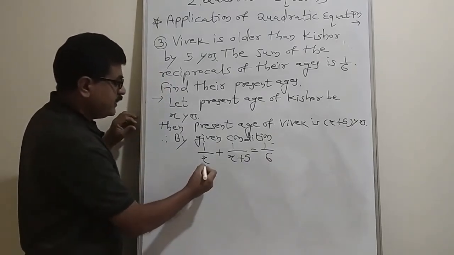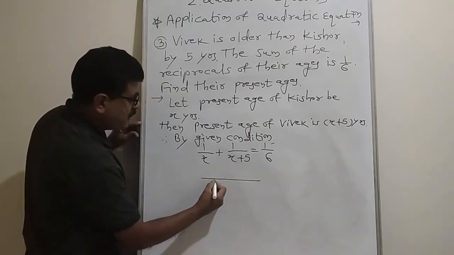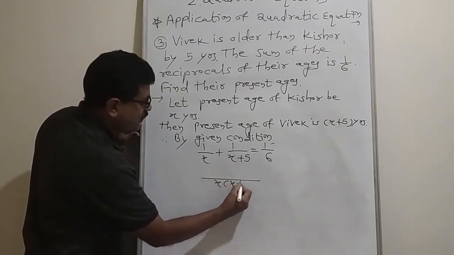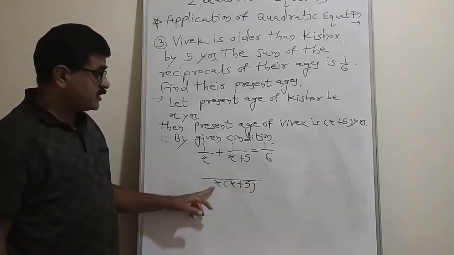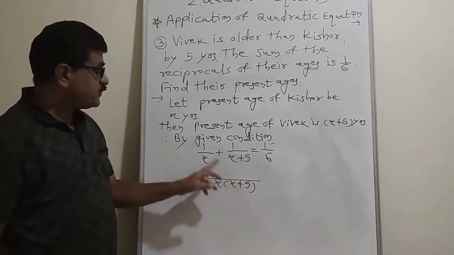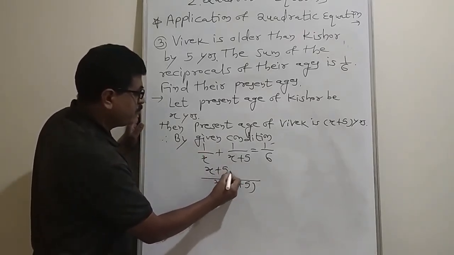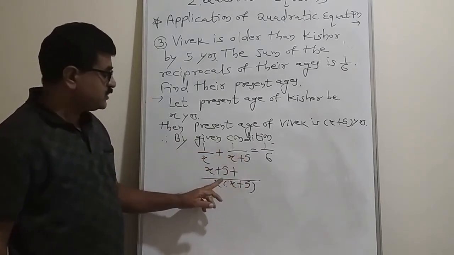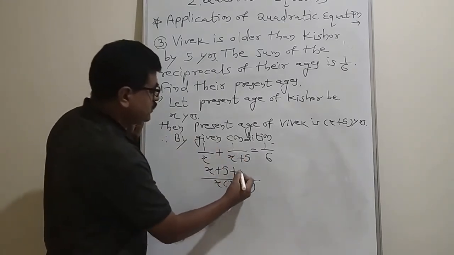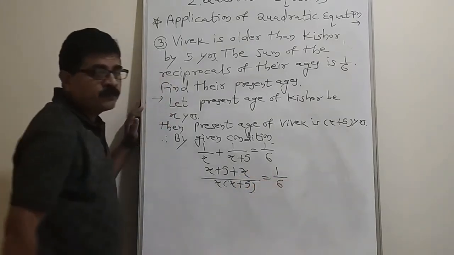Now taking LCM of the left hand side, that is x into x plus 5. Dividing by x, it gets cancelled, leaving x plus 5 into 1, that is x plus 5. Plus, dividing by x plus 5, it gets cancelled, leaving x into 1, that is x, is equal to 1 upon 6.